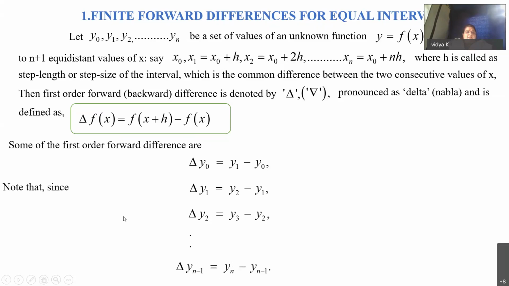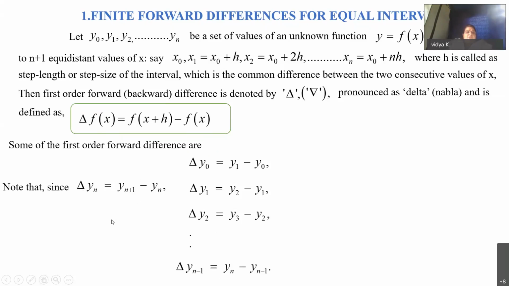Note that delta yn is go forward to y(n plus 1). Is it defined here? It is not given in the set. It is not there in the observed values given. So you cannot define delta yn in the given range.